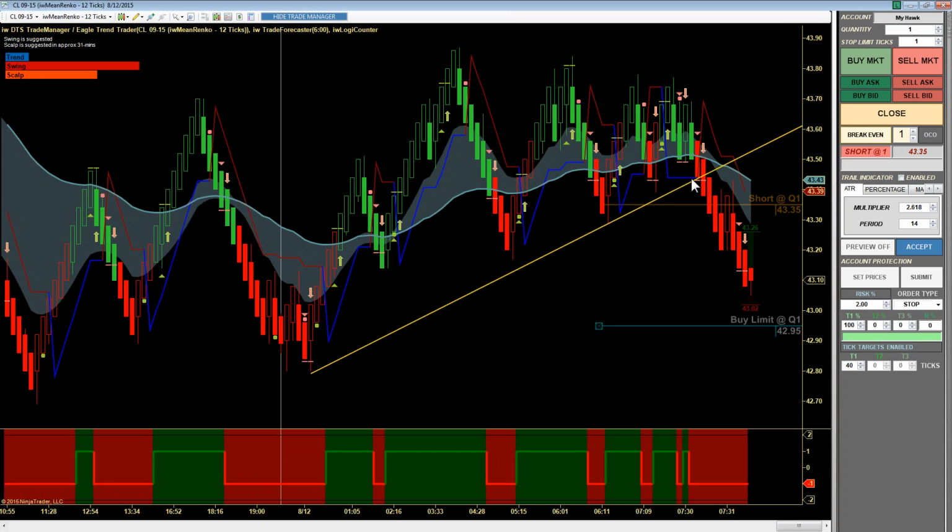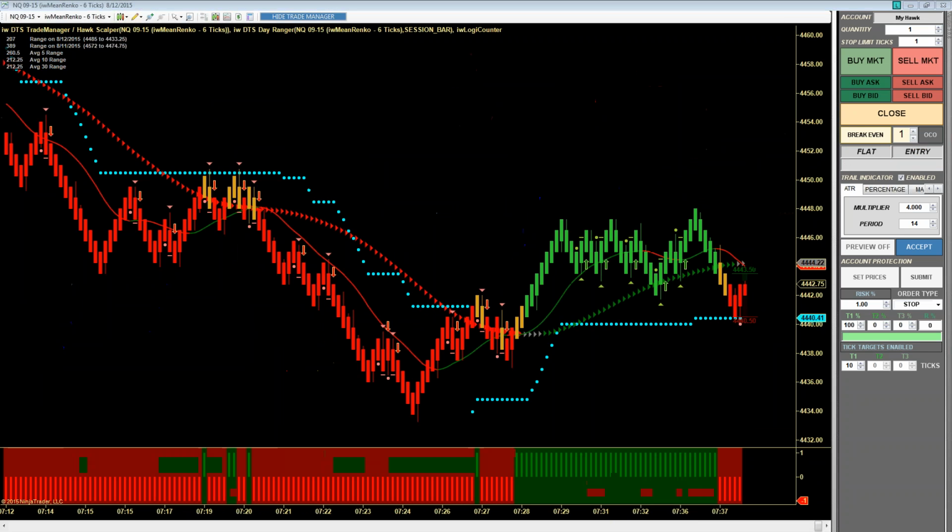Remember how I told you the Eagle or the DTS tools will very often find the direction even before the report, and that's exactly where we're at here with our Eagle trade on crude, pushing about 240, 250 in profit. So we've hit our high probability profit target on crude oil, but it's kind of stretching the profit target a bit. See if we can sneak a little bit more out of it, so we'll come back to that.